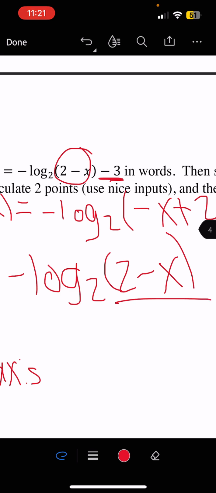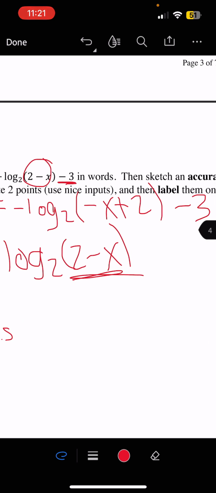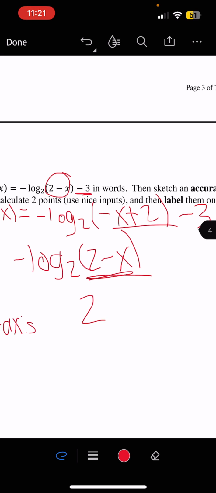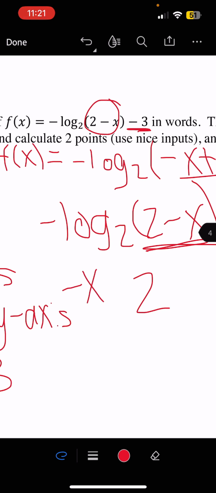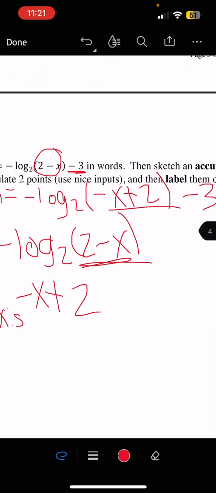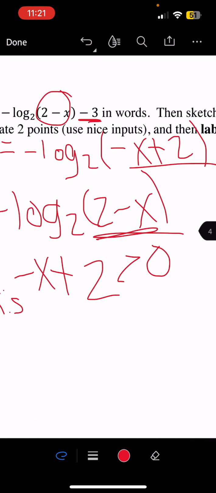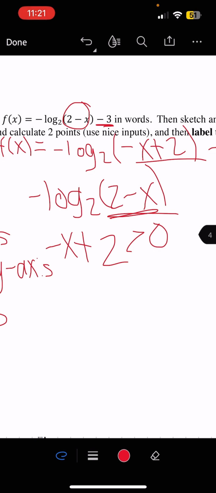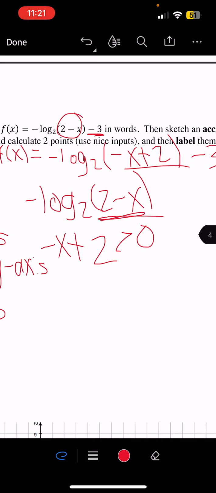So I rewrote it here, so let's just use that. Negative x plus 2 is greater than 0. And that's because anything inside of the log has to be greater than 0. There's never a time where the inside would be less than 0, because then it would be undefined.